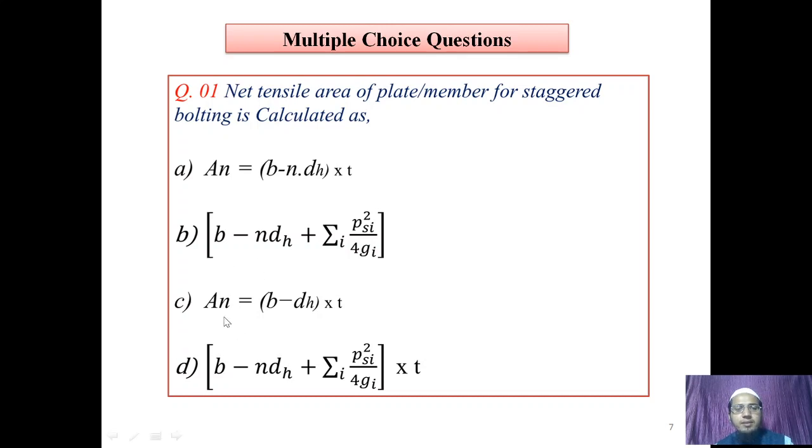Now option C, A_N equals B minus D_H into T. Here number of bolts are not given or the N term is absent. Hence it is also not our required option. Option D will be the correct answer, meaning B minus N D_H plus summation of P square by 4 G_i whole into T. So by using this formula we can find the tensile area of the plate or member which is bolted by staggered pattern. Now based on this, in examination it may ask some questions.